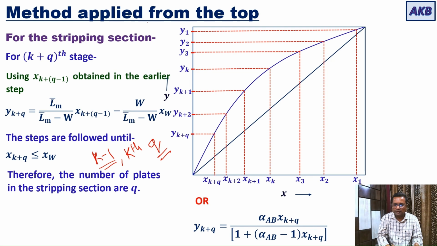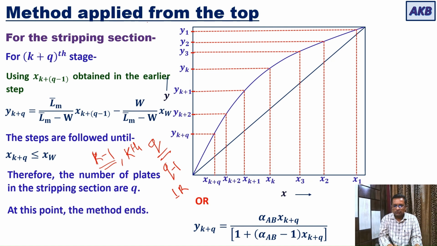So q minus 1 are the stages and 1 is the reboiler, so q minus 1 plus 1 is q. The number of plates in the stripping section are q, but q also includes the reboiler, because you have got this when x has become less than xW.